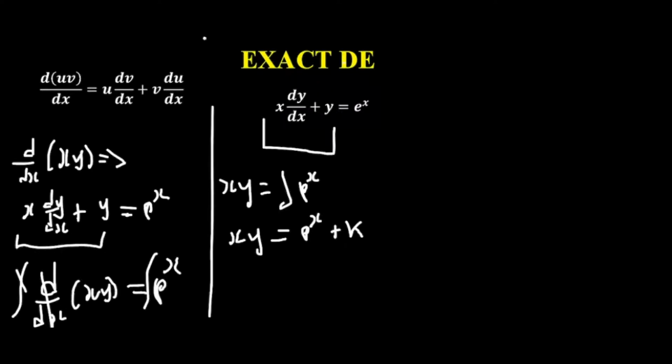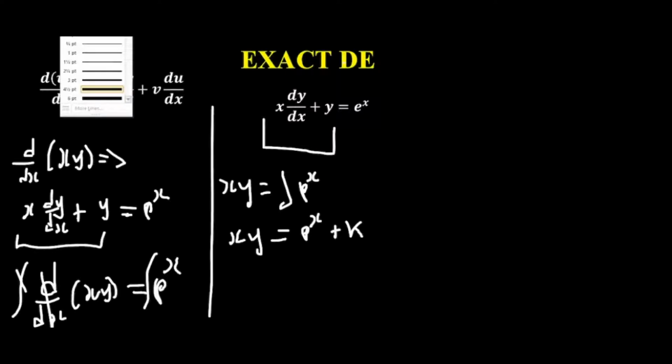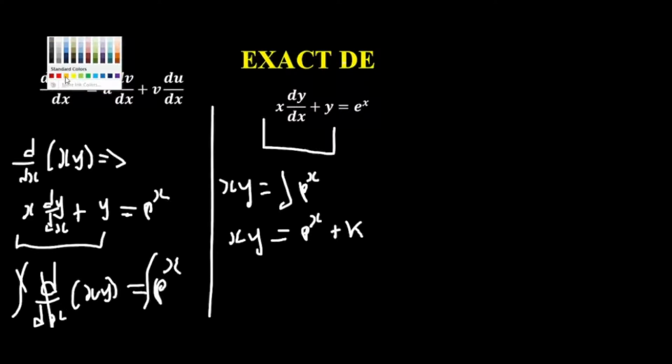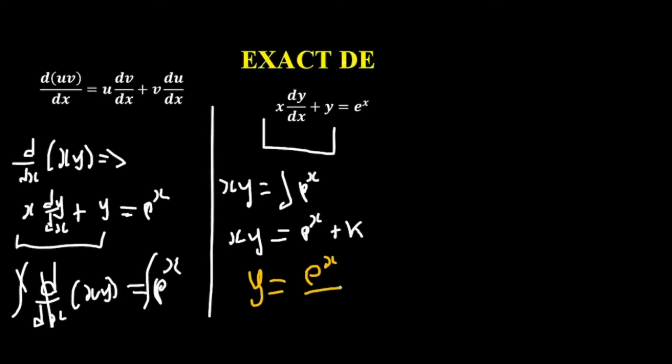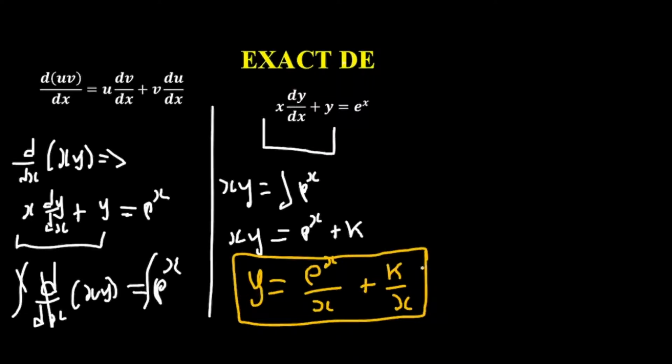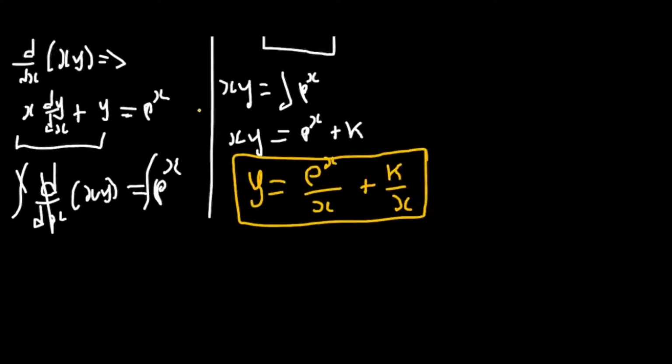So we are going to have our y equal to e to the power x divided by x plus k divided by x. So this is our solution. Now I'm going to move on to the second example.